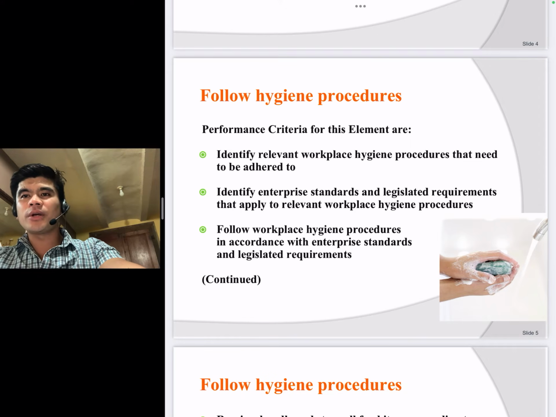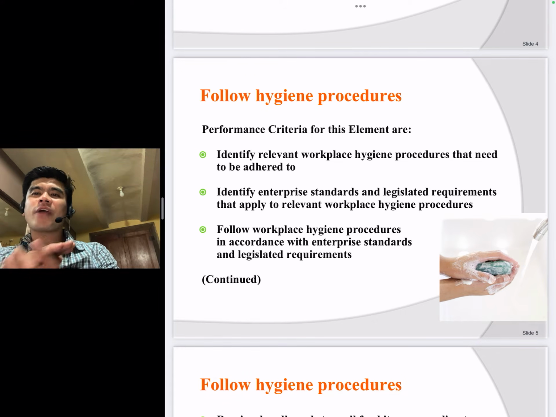Next, bullet number 2, identify enterprise standards. That's the one I mentioned earlier, the enterprise standard or owner standard when it comes to safety practices. And once again, legislated requirements apply to relevant work hygiene procedures. As you can see in the picture, the basic washing of hands is really important.